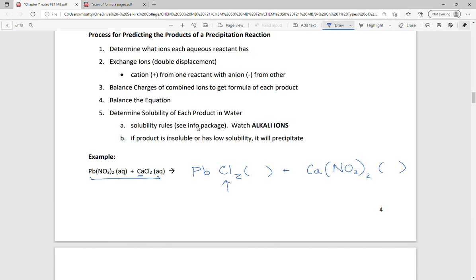Starting with the anion, I think we already did this one once, following across, I would conclude that this was the precipitate. It would be solid. And similarly with this one, I would find nitrate as my anion and find out that all nitrate compounds were soluble. So that would be an AQ. That would still be in solution.